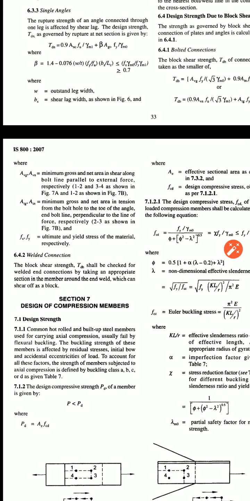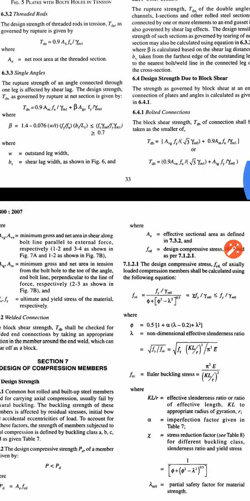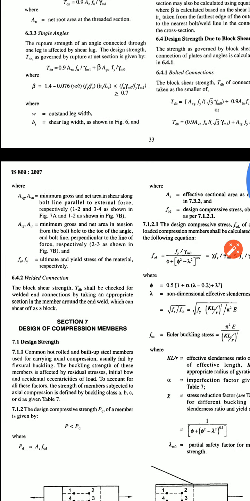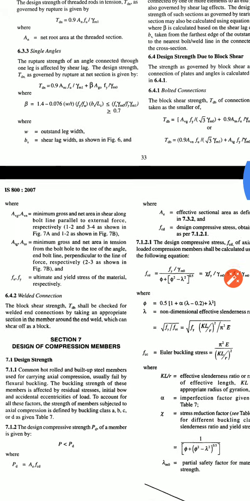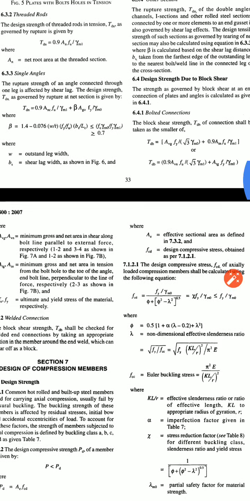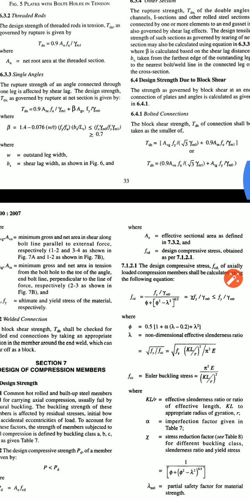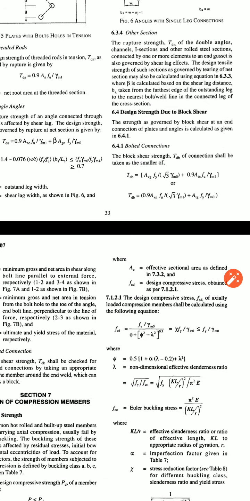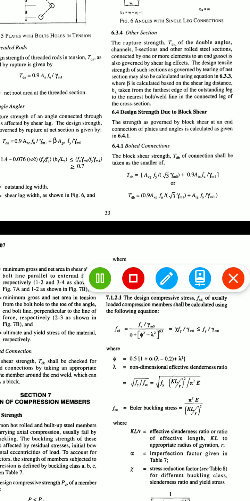Next, Atn is the net area along tension. After calculating these values Avg, Avn, Atg, Atn, they have to be substituted here. In the design problem we will discuss how to calculate Atg, Atn, Avg, Avn. Fy and gamma m0 will be given in the data, and partial safety factors are given. All of these have to be substituted in the design strength due to block shear.